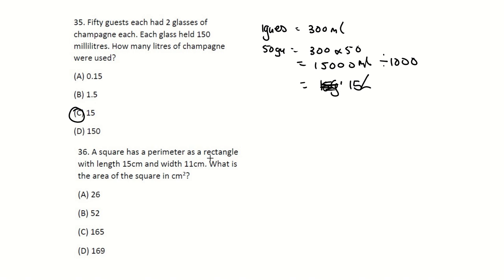A square has a perimeter as a rectangle. We did this question already, and I believe it was 169, but let's do it. So we said 15 plus 11 times 2 would be, that's 26 times 2, that's 52.